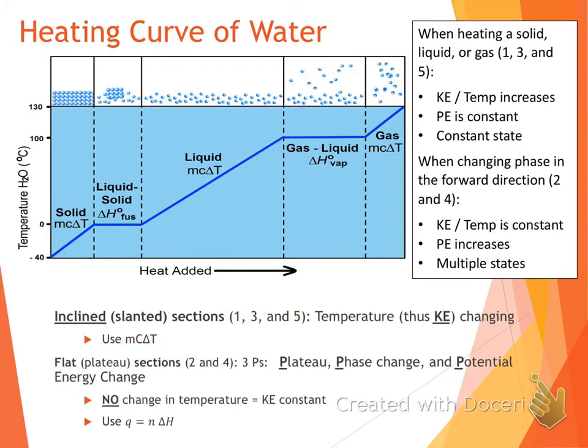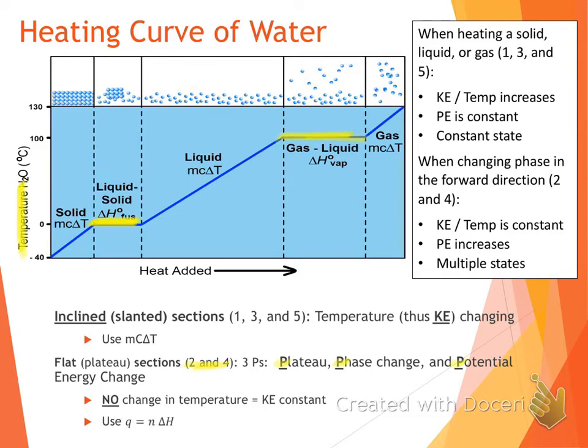Whenever we look at our flat or our plateau sections in sections 2 and 4, one way we can remember those flat plateau sections is our 3 P's. At the plateau is where our phase change is happening, and that's where potential energy change is happening. Remember, during those phase changes, they are flat.